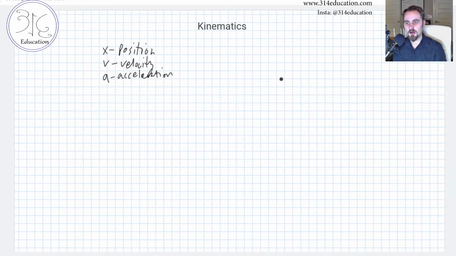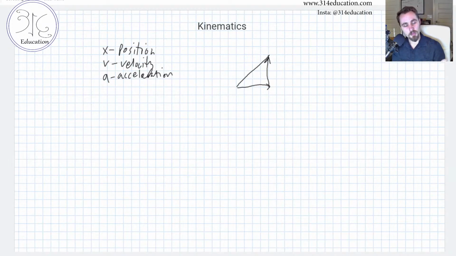Now, with a vector quantity, you can usually break it apart into components in an x direction and a y direction. Eventually we'll get into a z direction, but we won't be dealing with that on tomorrow's exam.